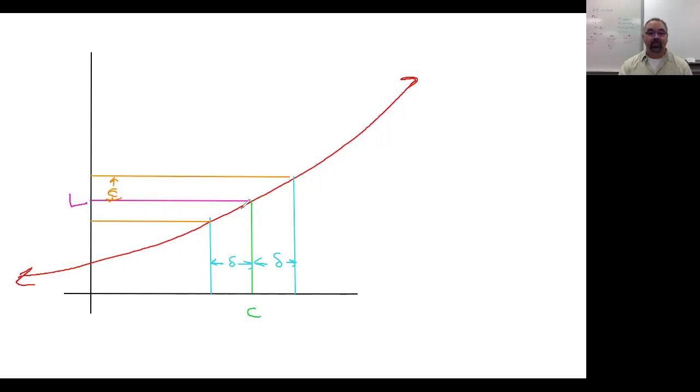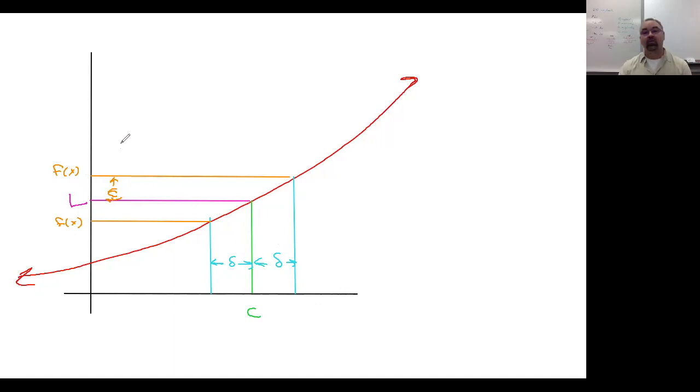As long as we pick our values to be within delta units of C, then we will be forced to be within epsilon units of L. That's what the formal definition is all about. It's about figuring out how delta relates to epsilon.